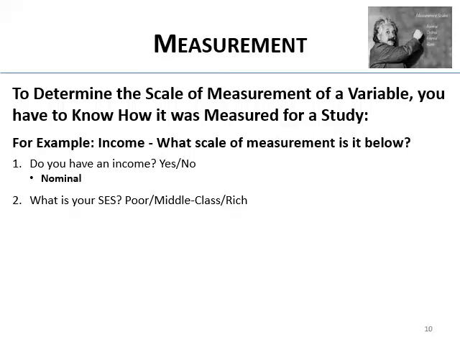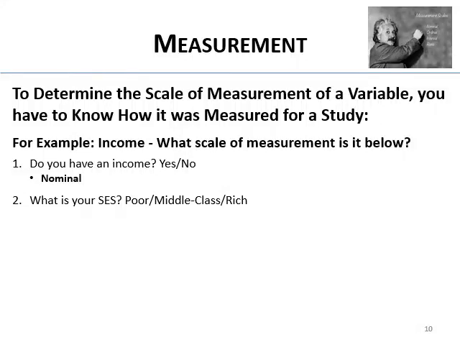How about what's your SES? Poor, middle class, rich. Well, whatever numbers they use, 1, 2, 3, or 0, 1, 2, or 98, 99, and 100, you can order them, right?